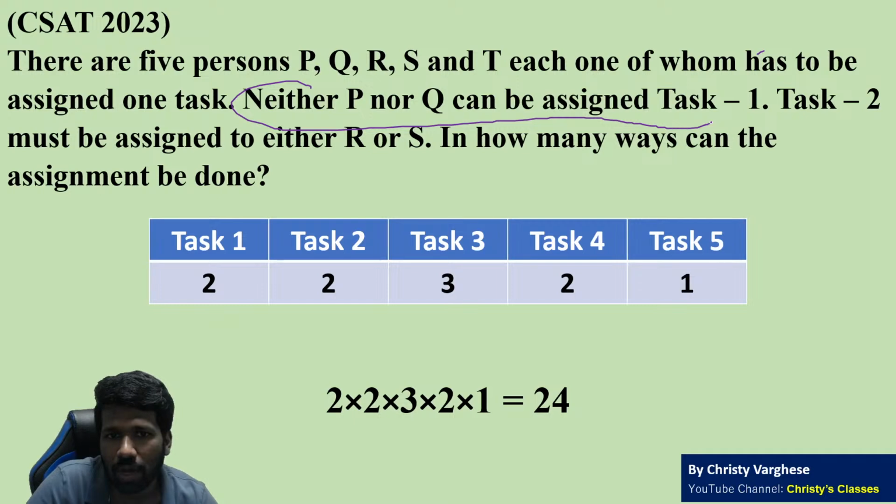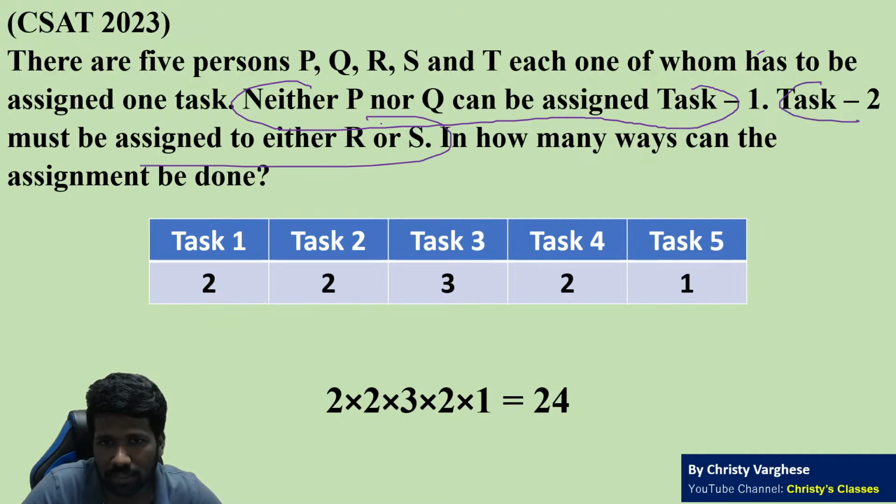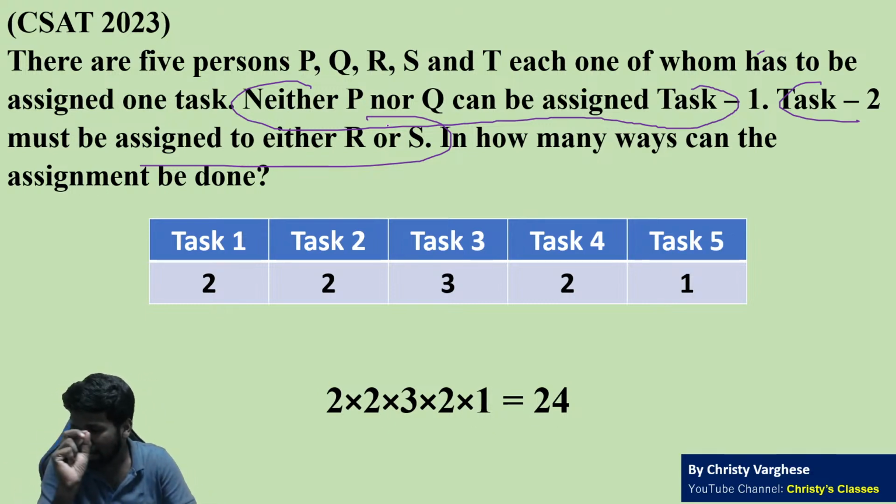Neither P nor Q is assigned task 1. Task 2 must be assigned to either R or S. So there are two constraints. Listen very carefully.